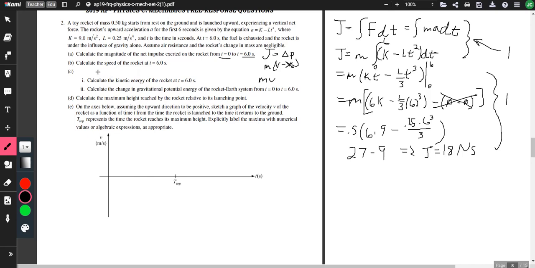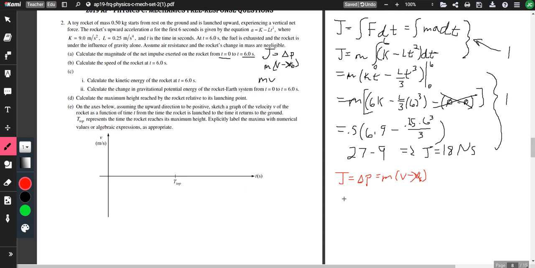The same thing is pretty much true for B. Now that I have the impulse, I can say that the impulse is equal to delta P, which is equal to m times final velocity minus initial velocity. The initial velocity is 0.